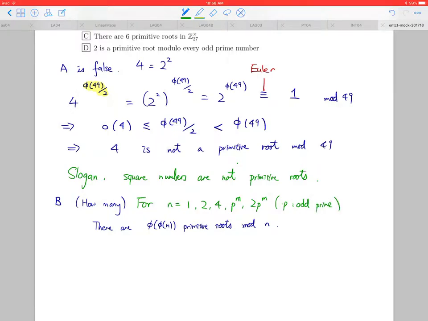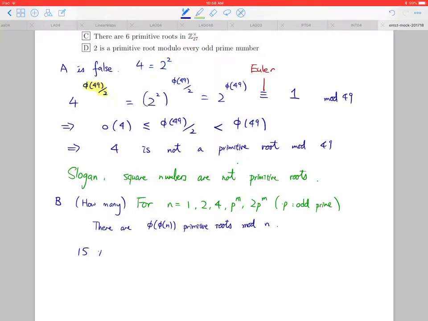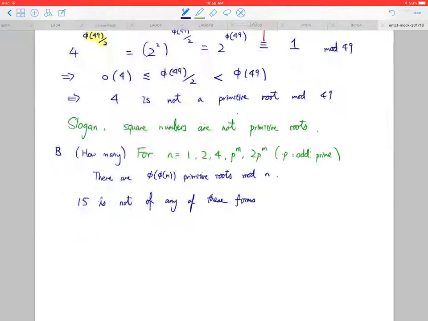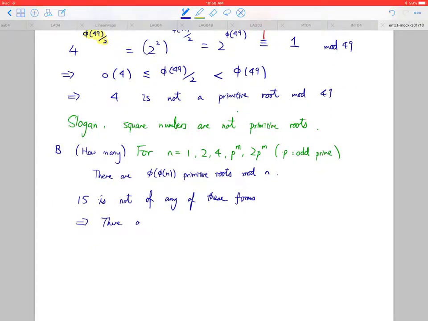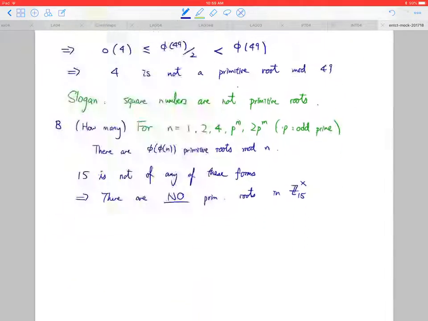Only for integers that look like this, we have a primitive root, and we have phi of phi of n number of primitive roots. 15 is not of this form. Therefore, there are no primitive roots, 0 primitive roots modulo 15. Okay? So, statement B is also incorrect.